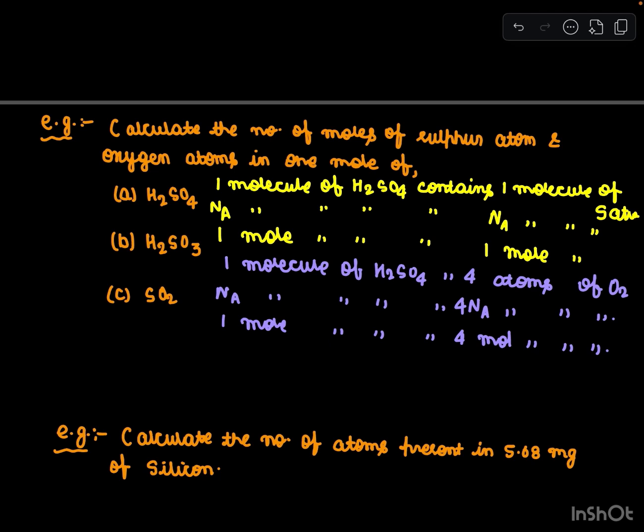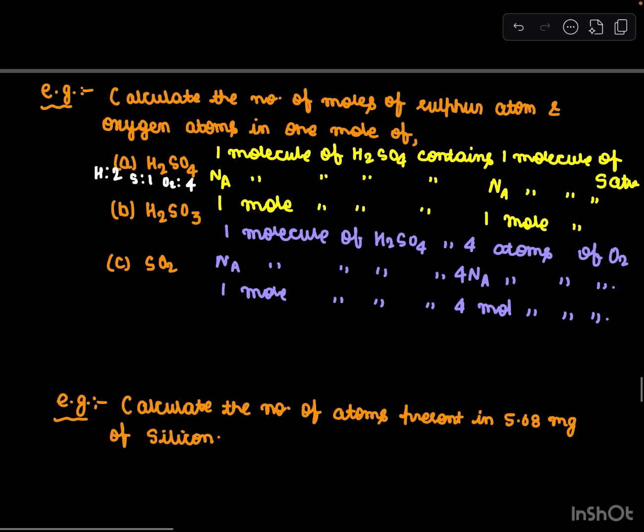It means we can write it directly just by looking at the formula. In H2SO4, hydrogen 2 moles, sulfur 1 mole, oxygen 4 moles. That's how we can write the oxygen atoms. Again, in the second question, for 1 mole of H2SO3: hydrogen 2 moles, sulfur 1 mole, oxygen 3 moles.